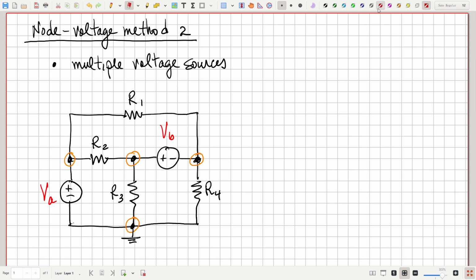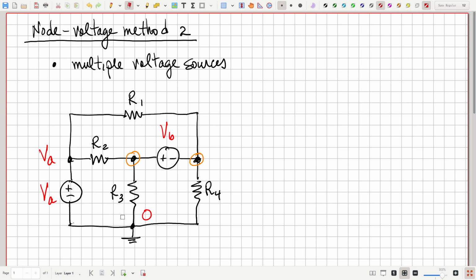That, of course, fixes this node to have a voltage of 0 volts relative to itself. And if we do that, of course, then this node has a voltage of VA. Okay, so that is no longer a node where we have to solve Kirchhoff's current law.